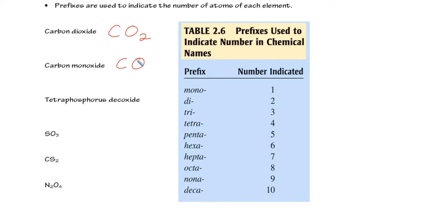Tetraphosphorus decaoxide is P4O10. Whoa. Now, a couple things to make note of. When we write ionic formulas, we always show the simplest ratio between the two ions. We show the simplest repeating pattern in the crystal. So I would never leave an ionic formula with a ratio of 4 to 10. We would always simplify ionic compounds down to the most simple ratio.